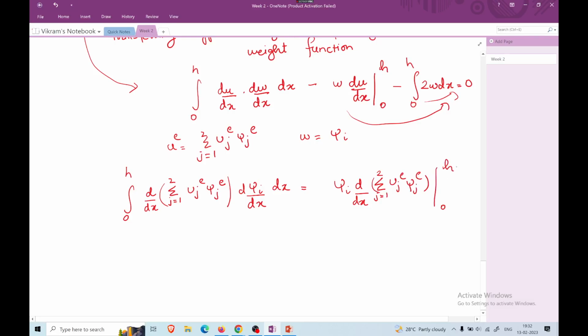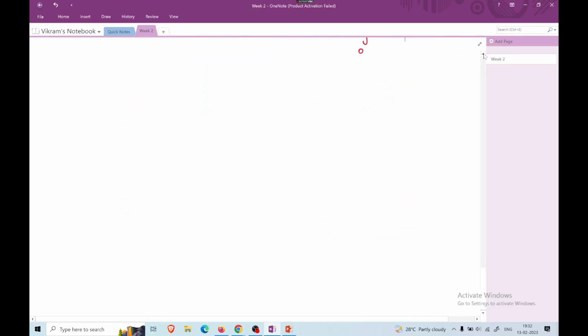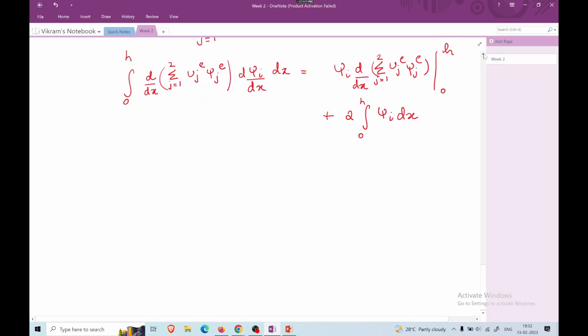This is the boundary term, 0 to h, plus 2 integral 0 to h psi i dx. If I take the summation outside, these uj are now going to be nodal values. These are constant, unknown constants. The psi j are known functions.